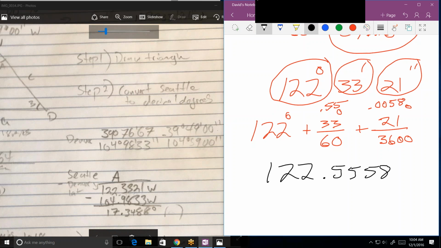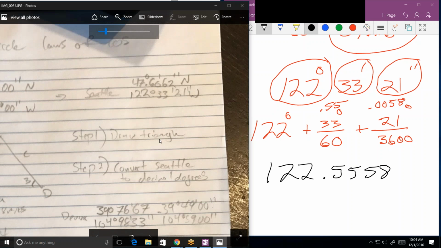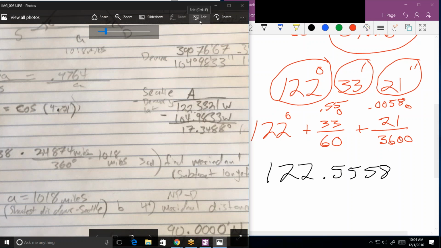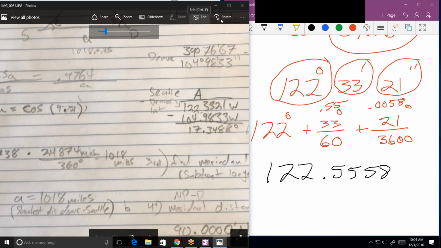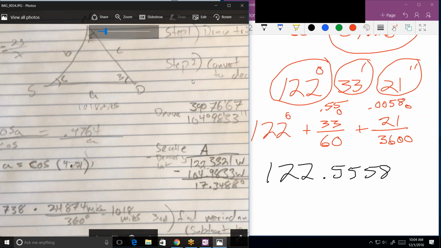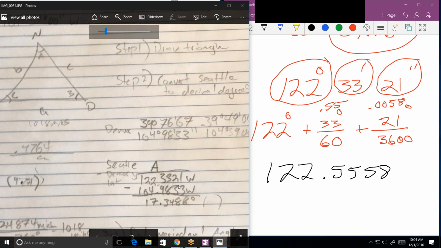That's what Seattle's longitude is when converted to decimal. Let's see if we can find that number anywhere on your page. Well, I found the previous number. Yeah, and you got Denver's converted, yes, this is Denver's converted properly.